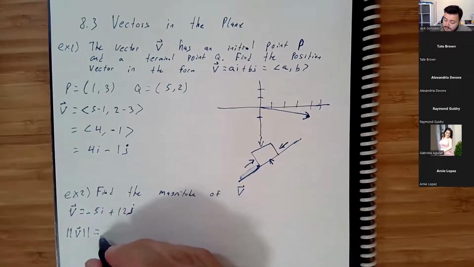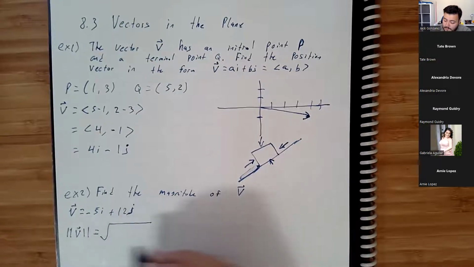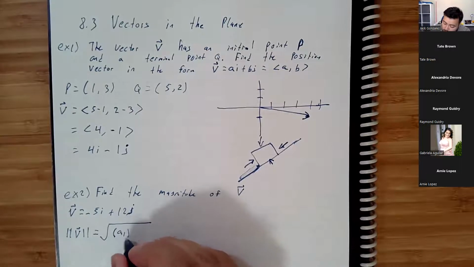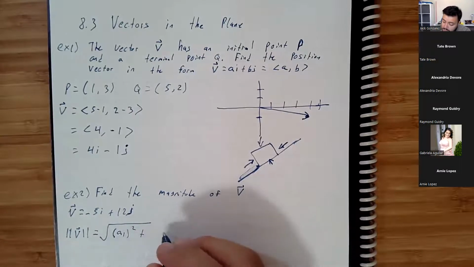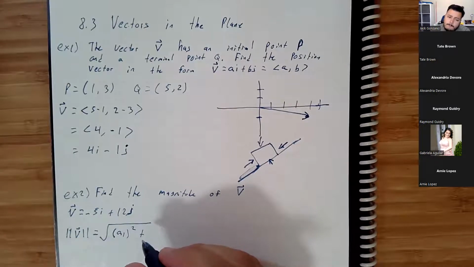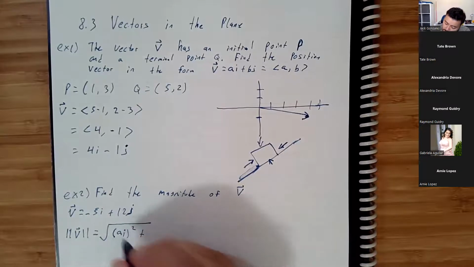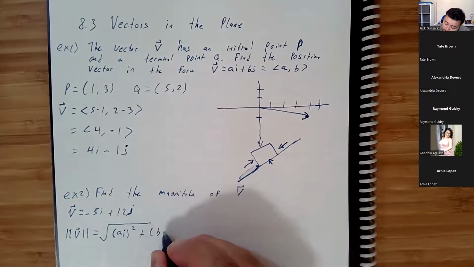The formula is basically the square root of the a component squared plus, we'll just call it ai plus bj.